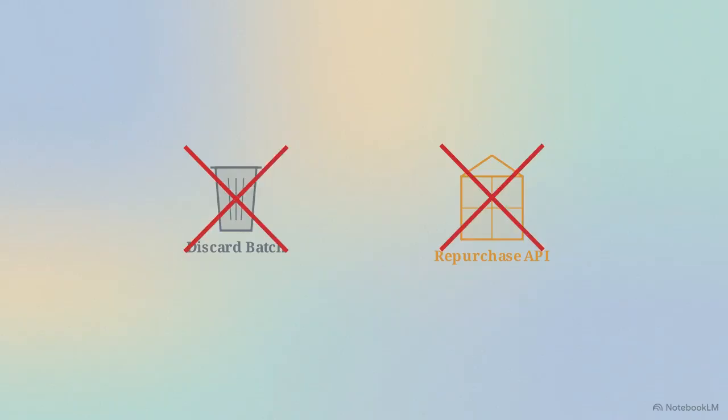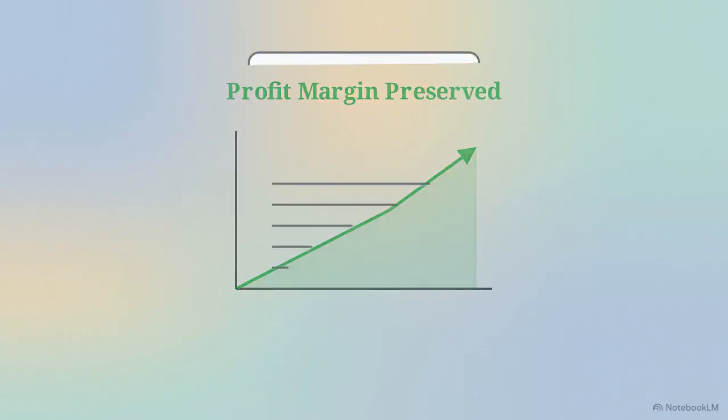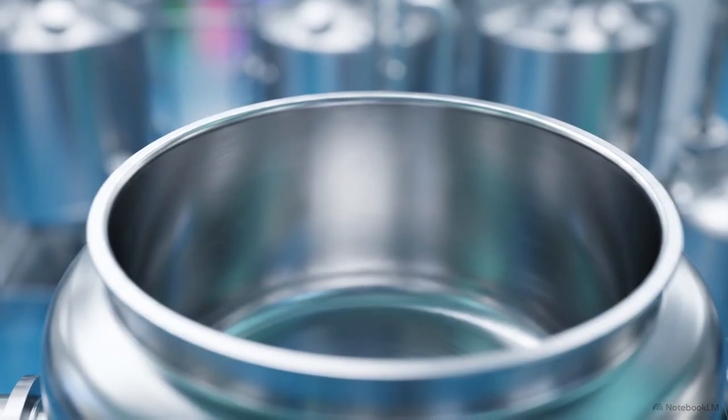If the material passes that rigorous QC retesting, it is scientifically validated and cleared for continued use in manufacturing. Successfully extending the usability of a batch prevents the overhead of repurchasing and shipping tons of raw API, directly preserving the manufacturer's profit margin. This flexibility is a standard feature of the regulatory framework, explicitly permitted under the stability testing guidelines of ICH Q1A2. However, there is a hard limitation.